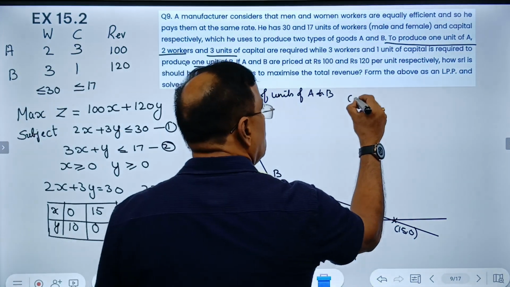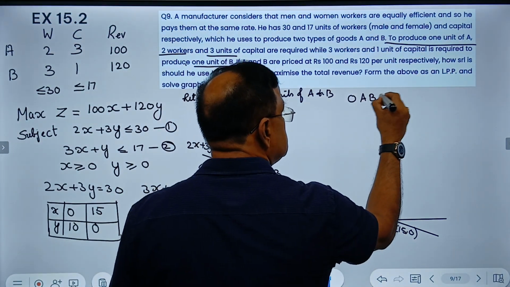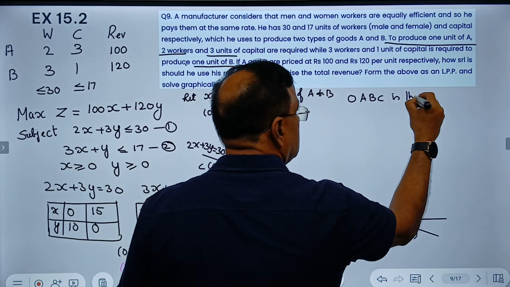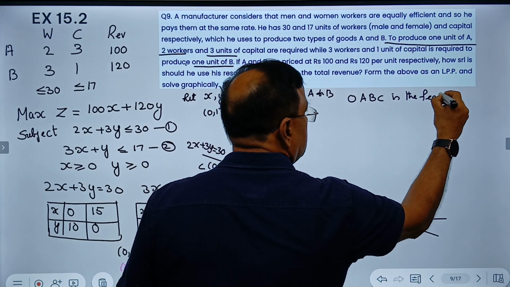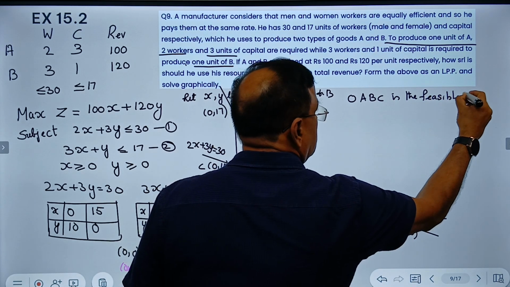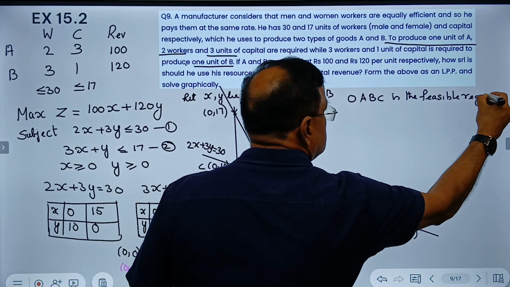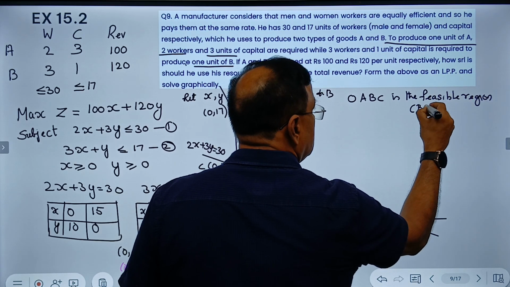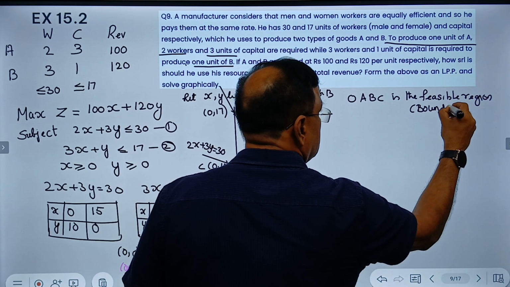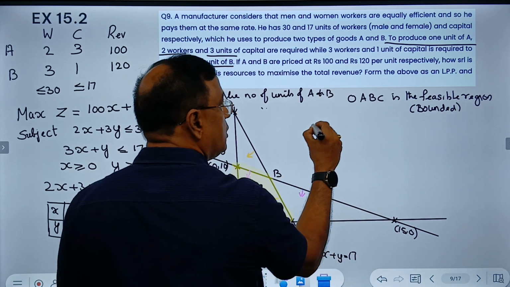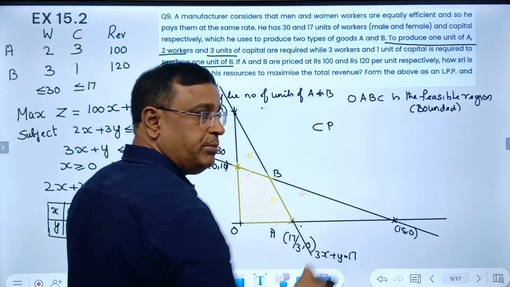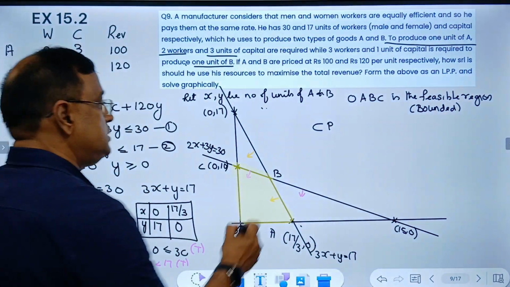So I will write O, A, B, C is the feasible region. And what type of feasible region it is? It is bounded. So what are the corner points? I say just write CP, just in short, corner points.